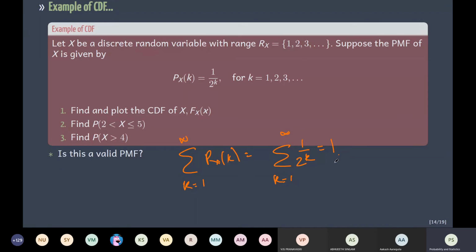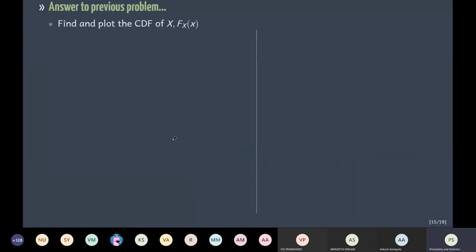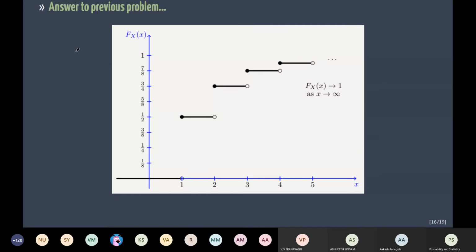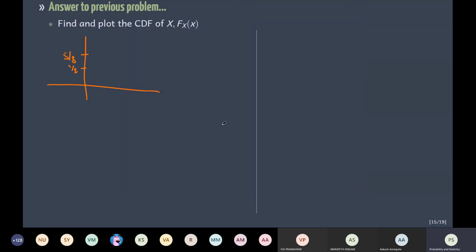You can check this. To find the CDF, what is the plot of this? If we plot this, it will look like this. Let's say this is half, this is 5 over 8. I have a plot here actually. So this is the plot of that. You can check that, so this plot is fine.